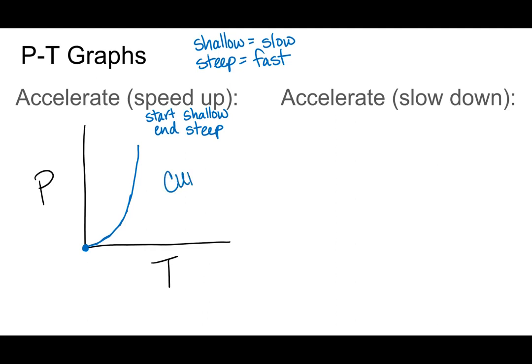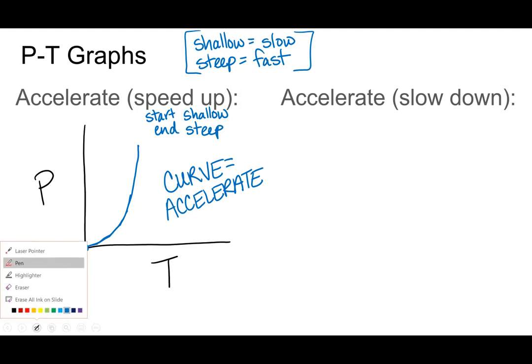So curve equals accelerate. If it gets steeper over time, it means you are speeding up because the steepness tells you something about how quickly you are going. Now, what if we are slowing down?